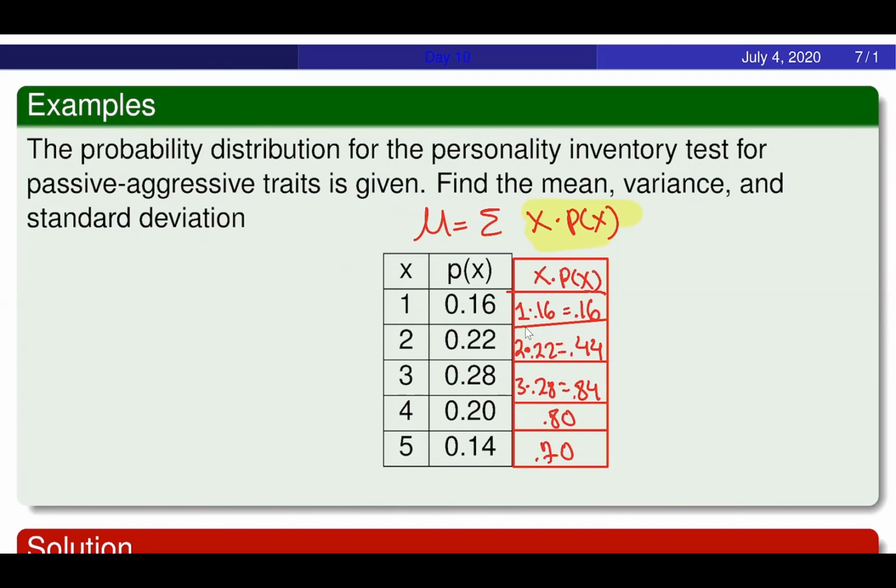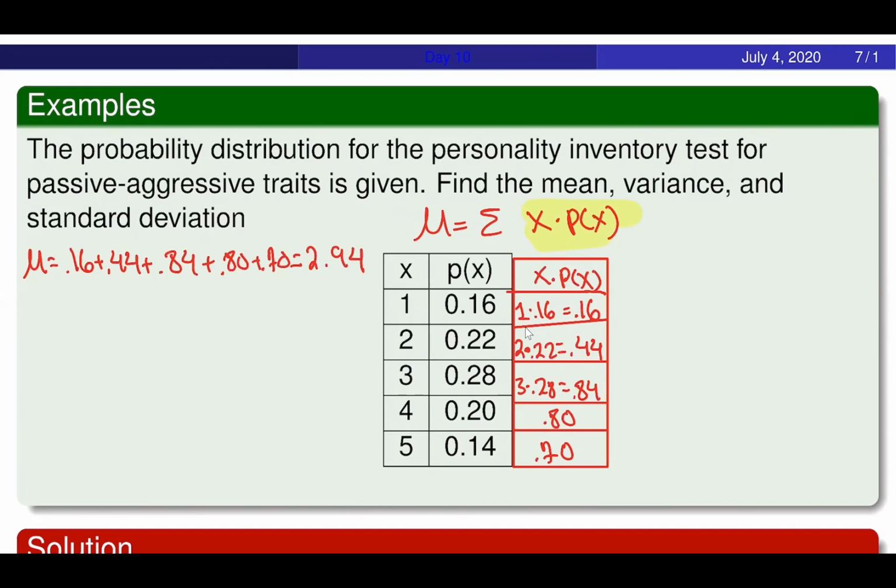To calculate the mean, I'm going to get those 5 numbers and add them all up. 0.16 plus 0.44 plus 0.84 plus 0.80 plus 0.70, and you get 2.94.